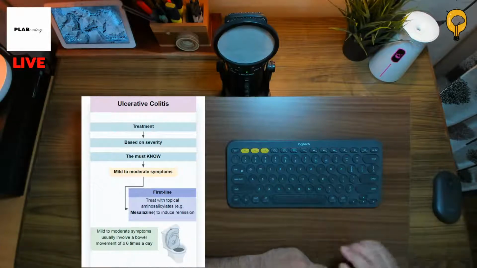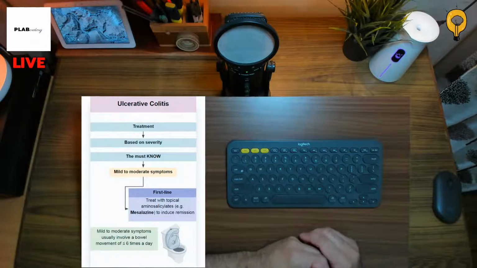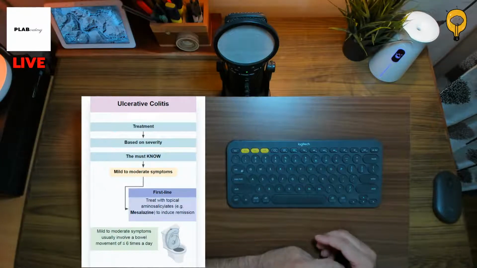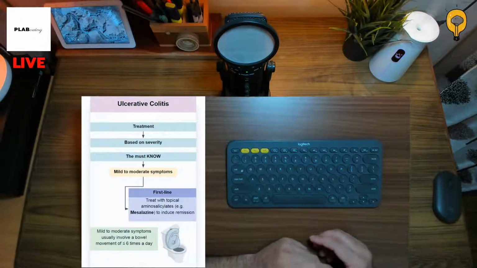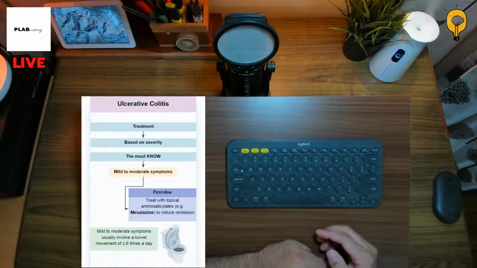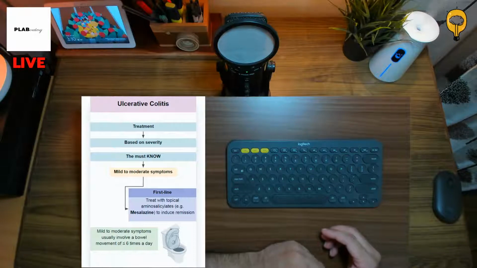Systemic symptoms include fever, malaise, and in moderate to severe attacks, blood tests would show raised WBC count and CRP with anemia. Chronic diarrhea would be there, which would be bloody. Therefore, anemia would be there, iron deficiency anemia. And blood tests will show raised white blood cell count, and CRP will also be raised.